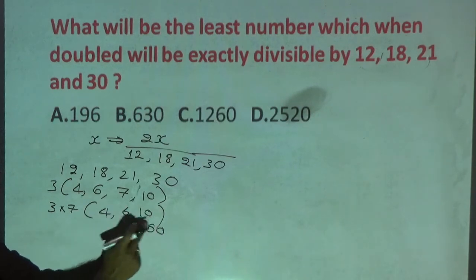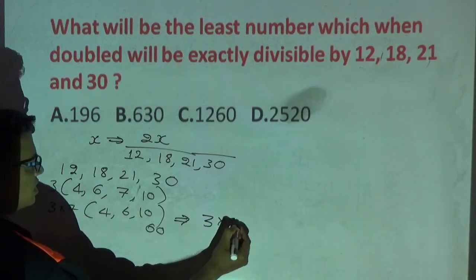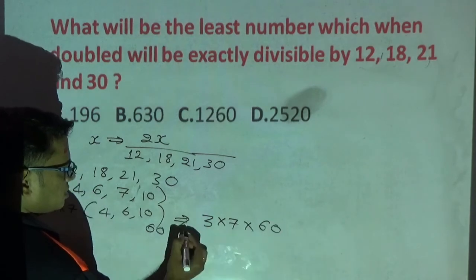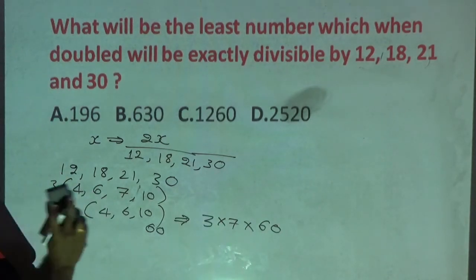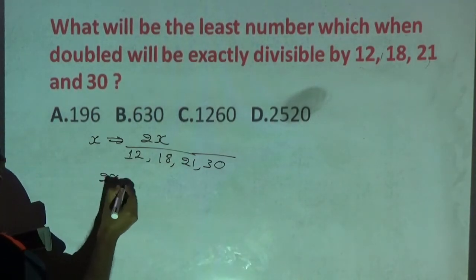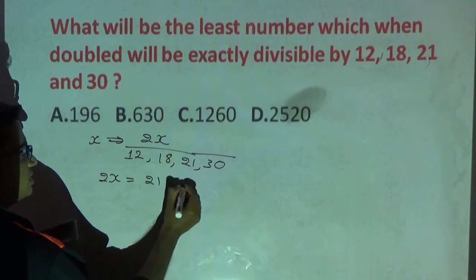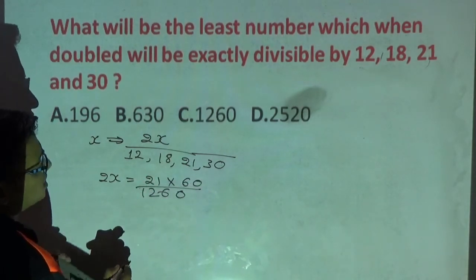So the LCM here is 60. Therefore your total LCM will be 3 into 7 into 60, which is 21 into 60. So 2x is nothing but 21 into 60, that is 1260.